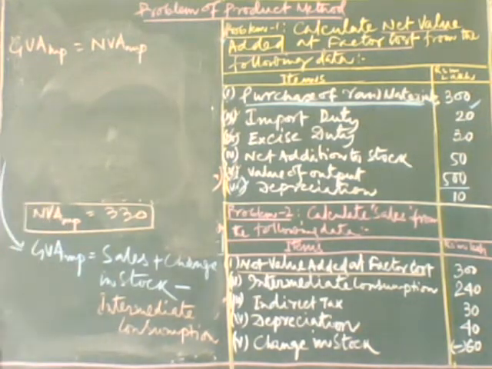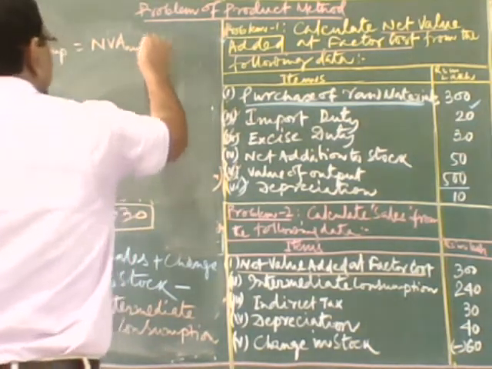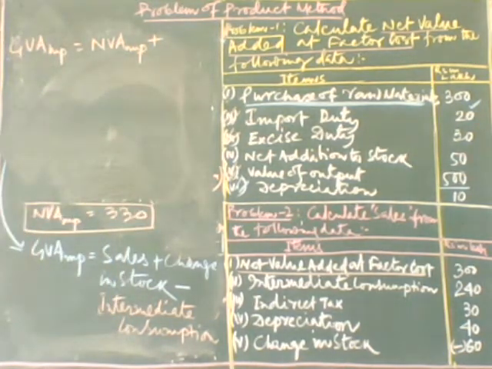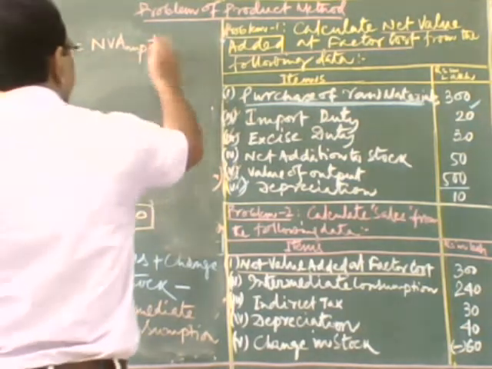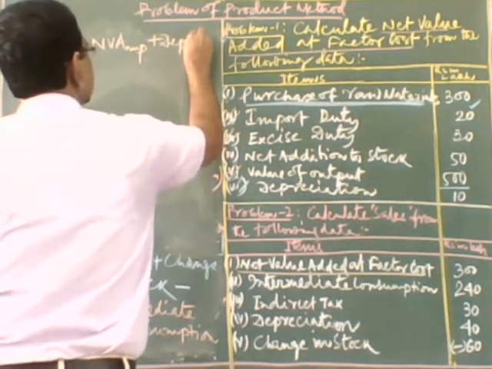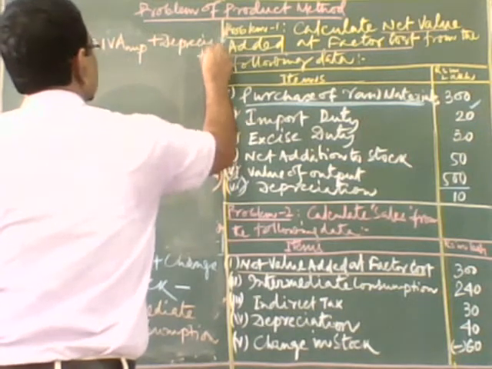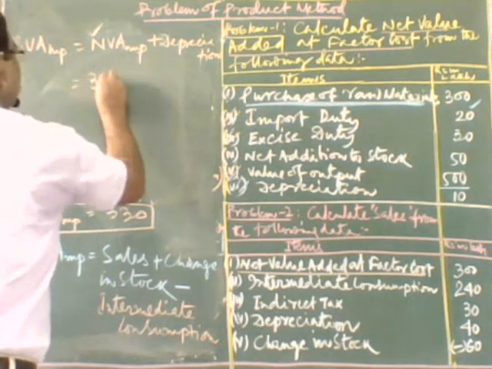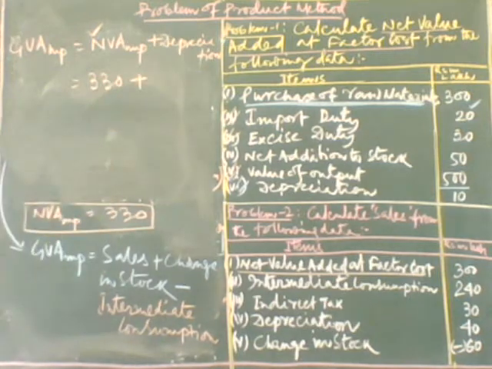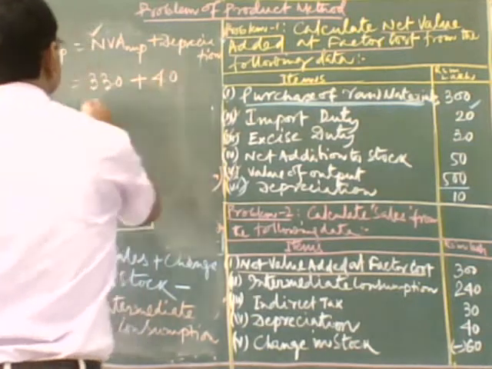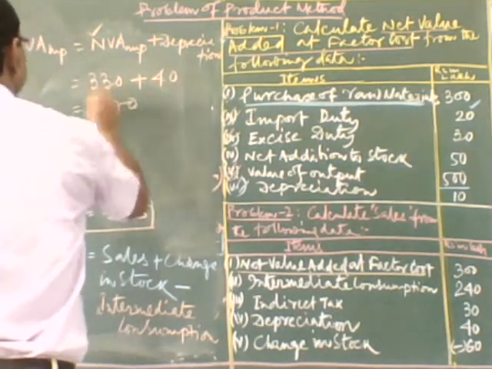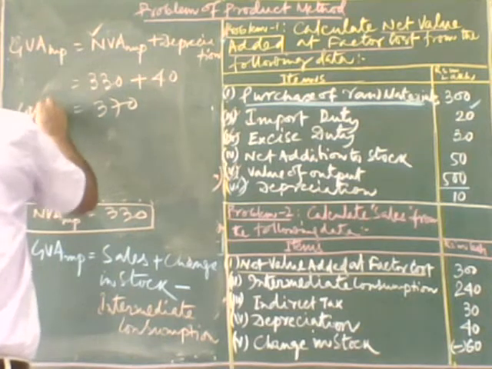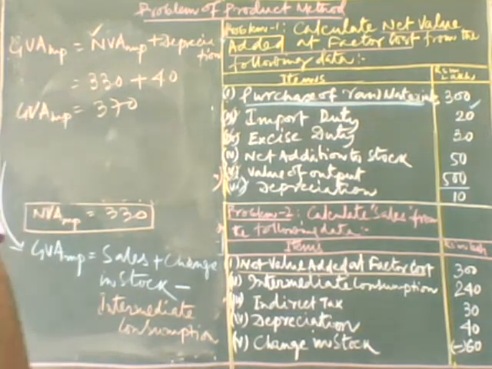Here the relation is gross and net, so the bridging component is depreciation. So gross is equal to net plus depreciation. NVA at market price is 330 plus depreciation, already given, that value is 40, is equal to 370. Therefore, GVA at market price is equal to 370.